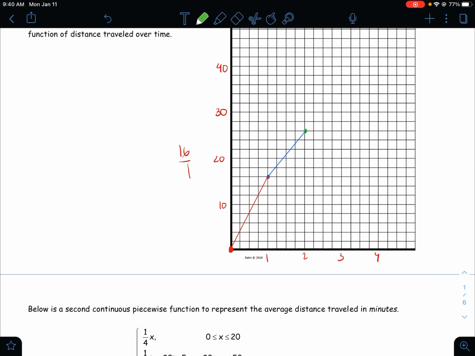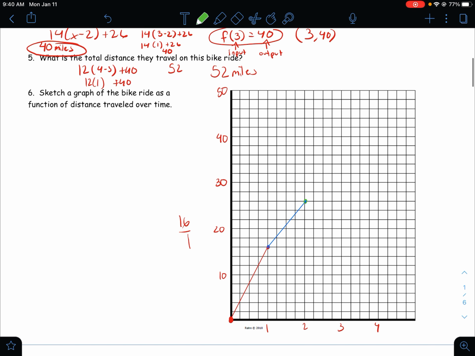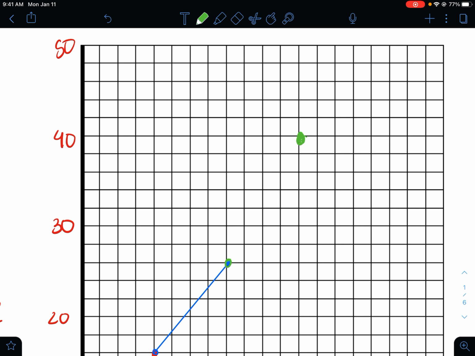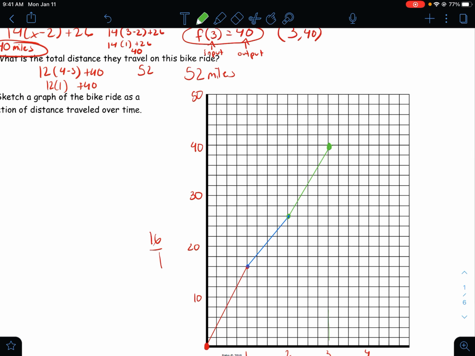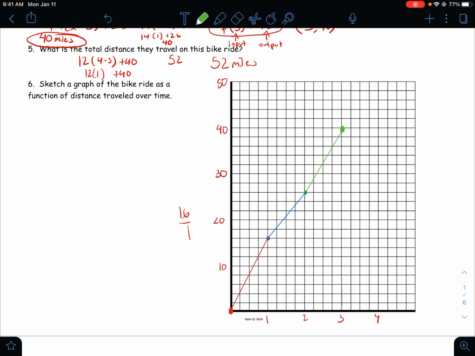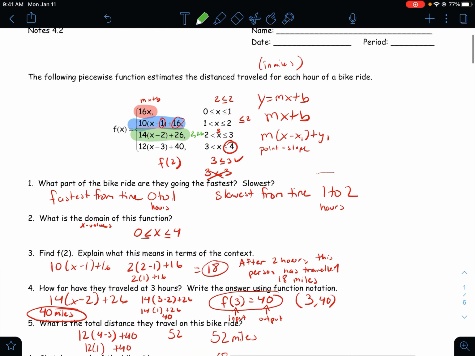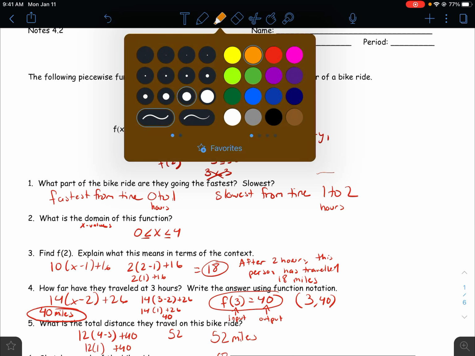All right, so we're going to go ahead at 3. We're going to go to 40. All right, we'd be right here. Connect the dots. All right, and then the last one, we can do it in orange.